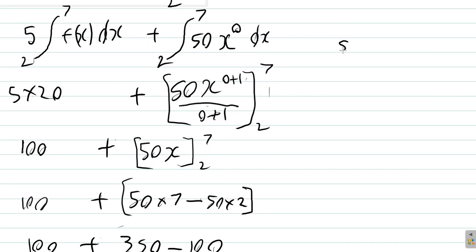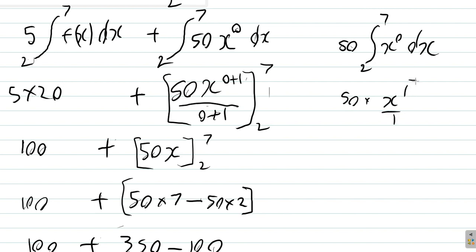By saying you have 50 times the integral from 2 to 7 of x to the 0 dx, which is 50 times x to the 1 over 1. You add 1 to the power to get a new power and divide by the new power, from 2 to 7. Right?